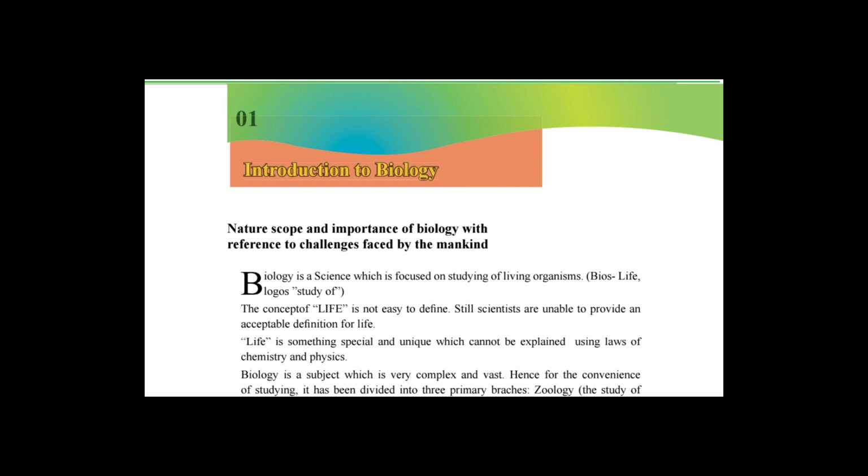And then there is another topic. The third topic is diversity among living organisms. First introduction, second issues, third diversity. Here we will be studying the diversity of living organisms, like how they vary according to shape, size, form and so on.